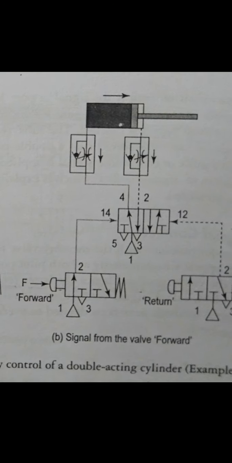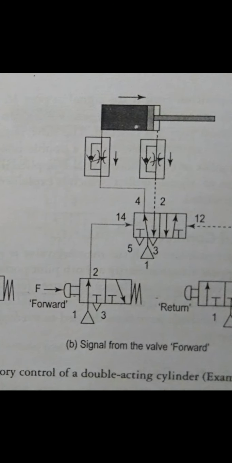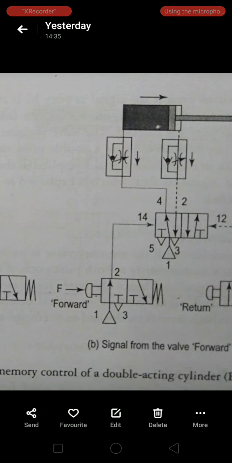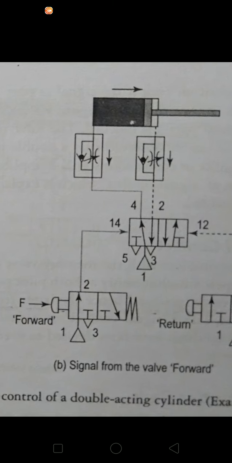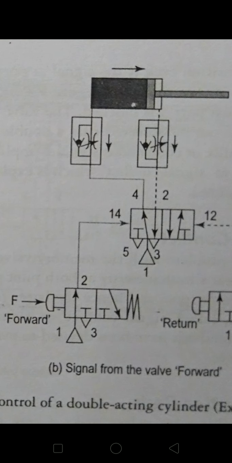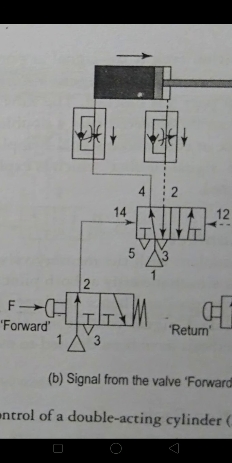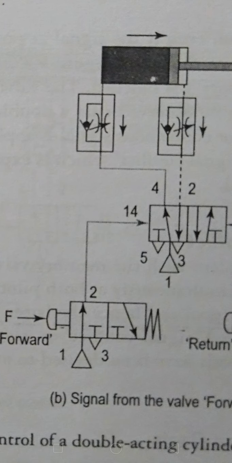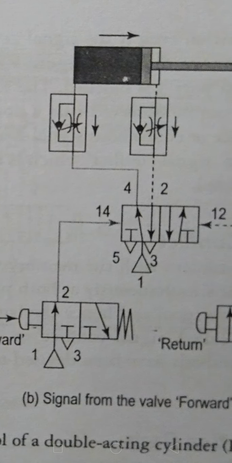So when the forward valve is actuated, when you are applying force, the push button, to the 3x2 DC valve, port 1 is connected to 2, and 2 is connected to 14. In the 5x2 DC valve, 1 will be connected to 4, and through this left side continuous line it will pass to the left side of the piston and give thrust to the piston towards the right.